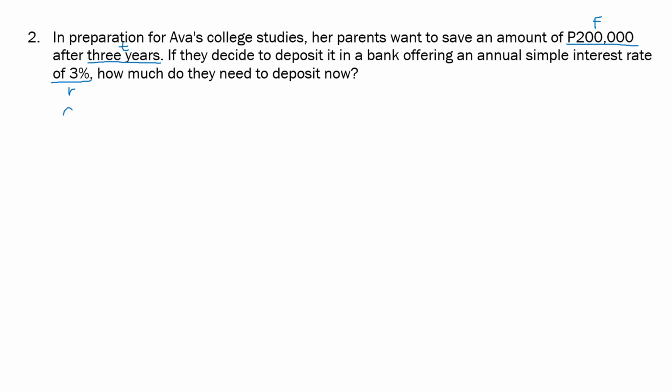So again, this problem wants to solve for the value of P, the principal value or the present value. So our F is 200,000. Time is 3 years.